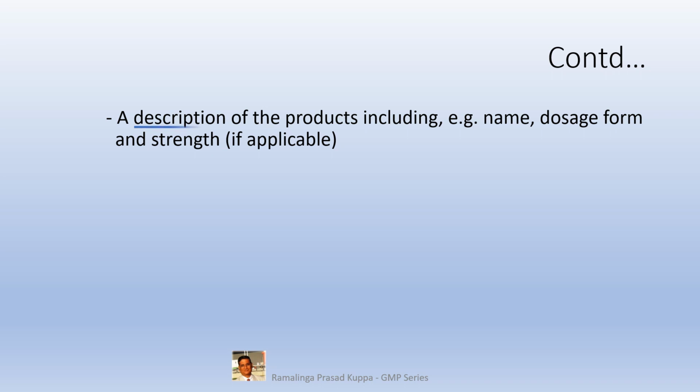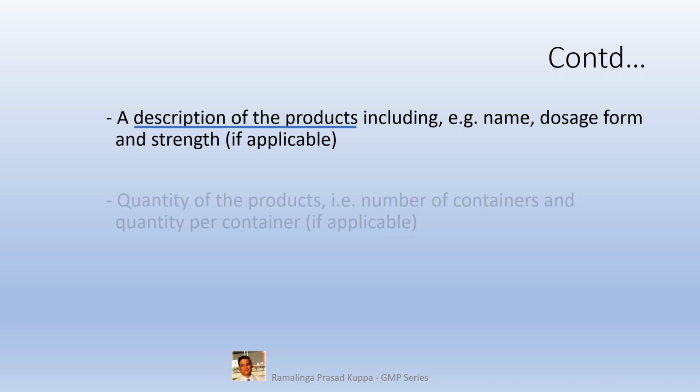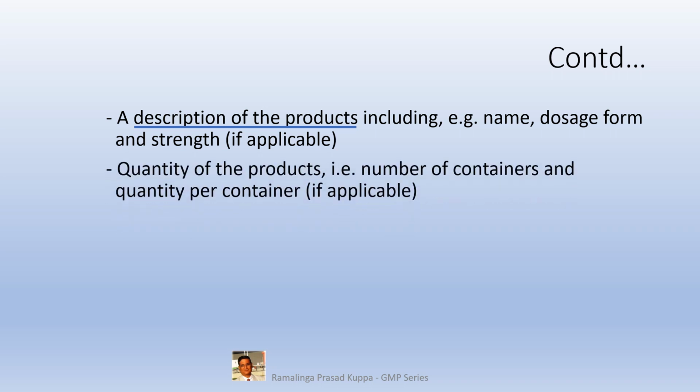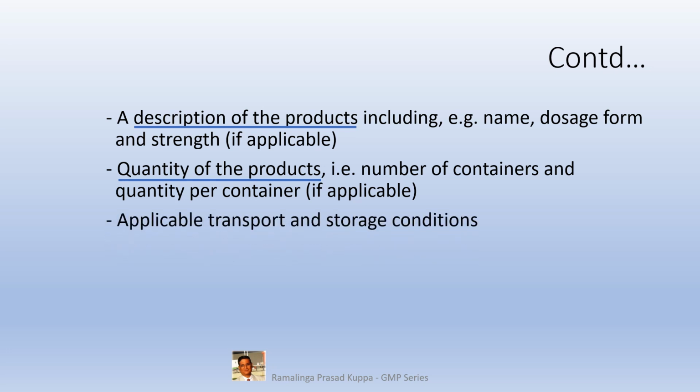A description of products including, for example, name, dosage form and strength if applicable, quantity of the products, that is number of containers and quantity per container if applicable, applicable transport and storage conditions.